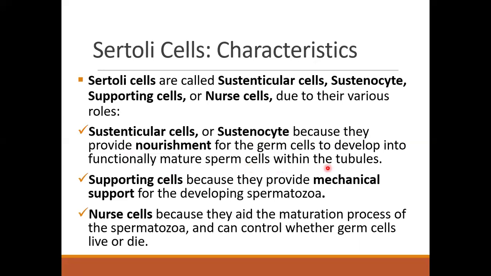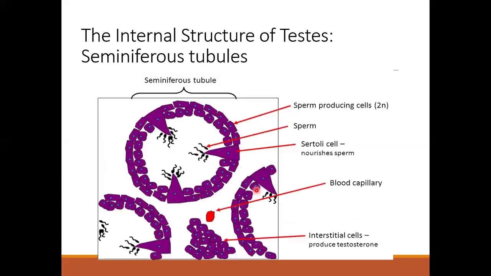We said that the blood supply doesn't go into the seminiferous tubules, so it is the Sertoli cells that provide the nourishment that the germ cells need. Now, they are also called supporting cells because they provide mechanical support for the developing spermatozoa. If you go to the picture, you see that the sperm cells are being supported and carried along because these are the cells that are developing.